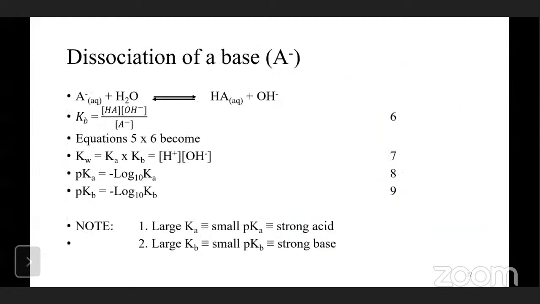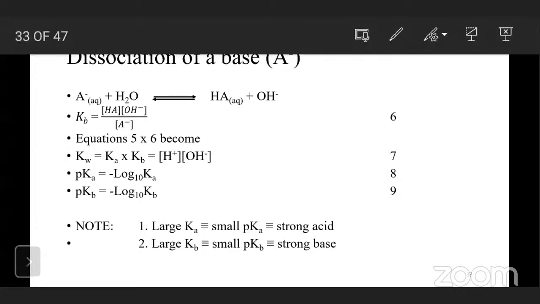After that, we also considered the dissociation of a base, and there we wrote an expression, K subscript B, which represents the dissociation constant of a base, equal to the concentration of HA times the concentration of OH minus, divided by the concentration of the anion in solution.